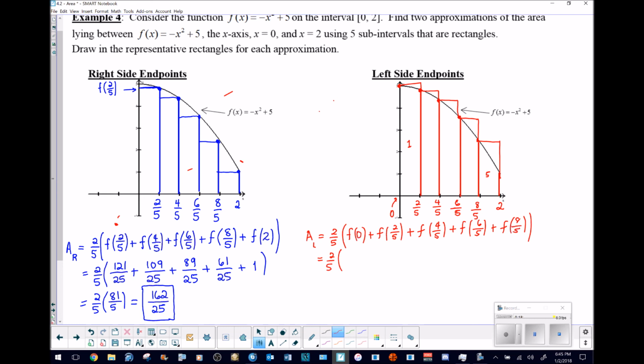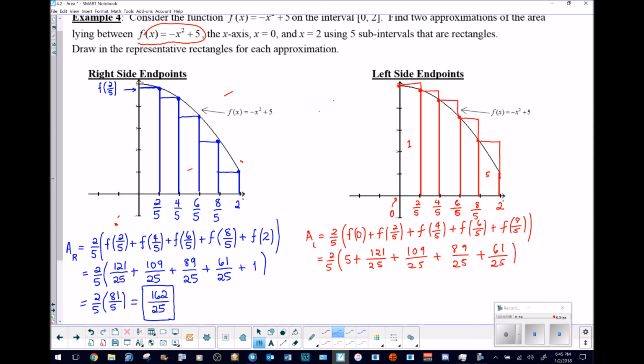But then we'll just use those next fractions that come down the line, 121/25 plus 109/25 plus 89/25. Finally, 61/25. I'll pause the video one last time to throw these results into the calculator, and then we'll wrap things up.